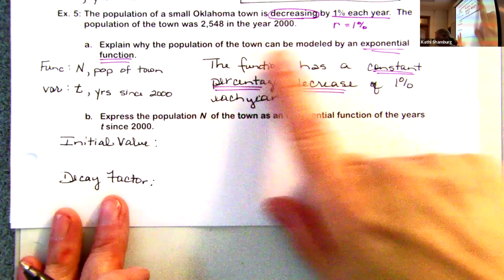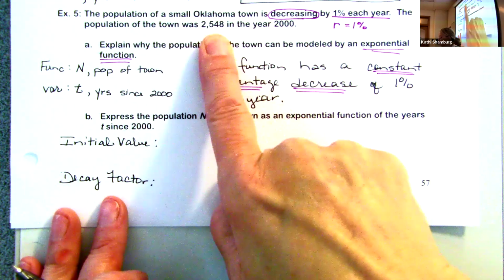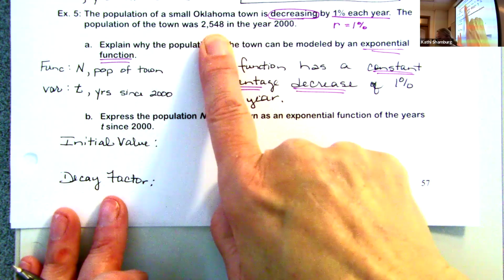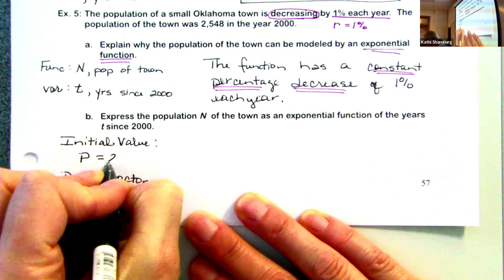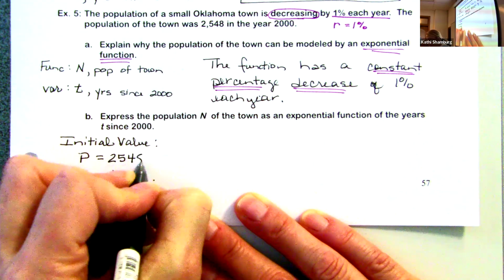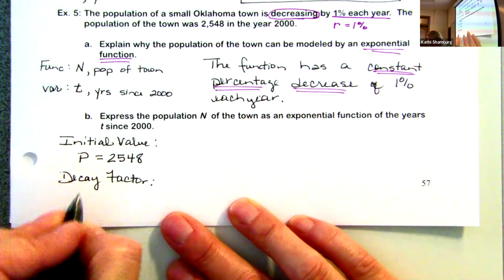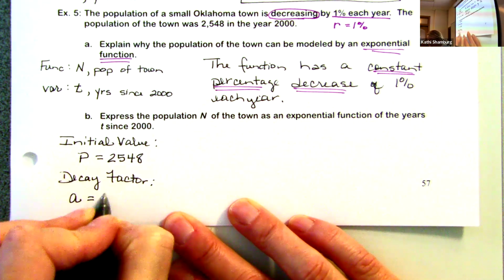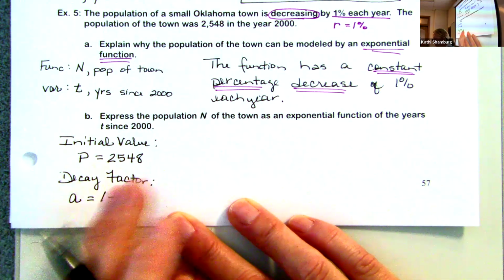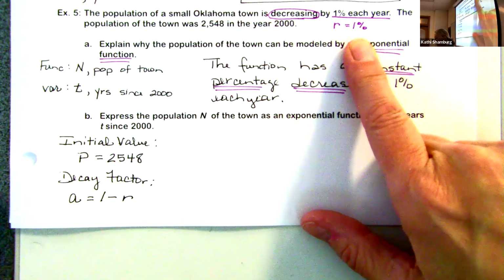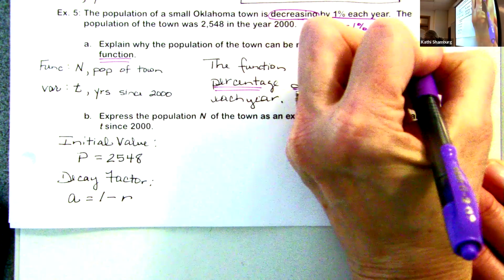They tell us the population in the year 2000, that's where we're starting, and that population is 2,548. So my initial value is my initial population of 2,548. And then our decay factor a, since it's decay, we know we'll do 1 minus r. We know r is 1%, which is also written as 0.01.